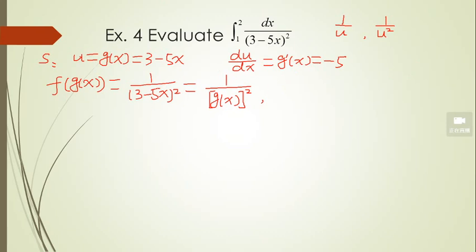So the reason I rewrite the fraction here is to show what is the function small f. So here f(u) will be 1 over u square, right? It doesn't matter if it's 1 over u or 1 over u square because it will be easy no matter which one. It will be easy to work out the antiderivative.